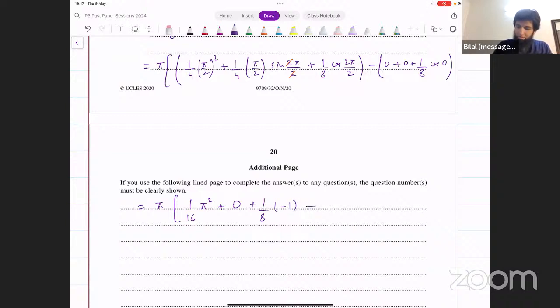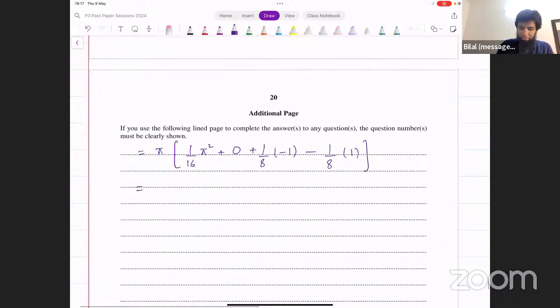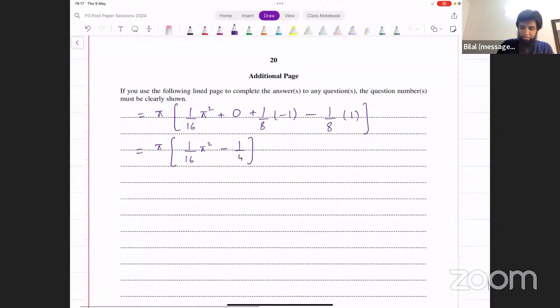And then minus this thing, 1 over 8 into cos of 0. What's cos of 0? Cos of 0 is 1. And that gives us pi into 1 over 16 pi squared minus 1 over 8, minus 1 over 8, that will be minus 1 over 4. And this ends up being 1 over 16 into pi cube minus 1 over 4 times pi.